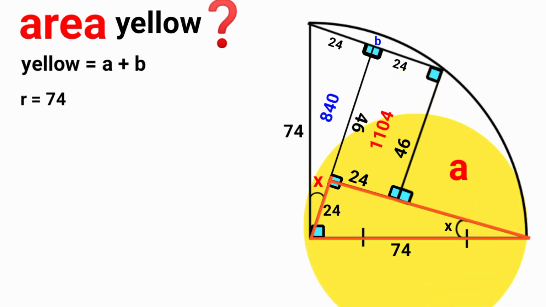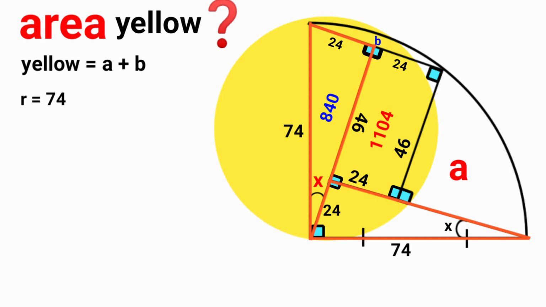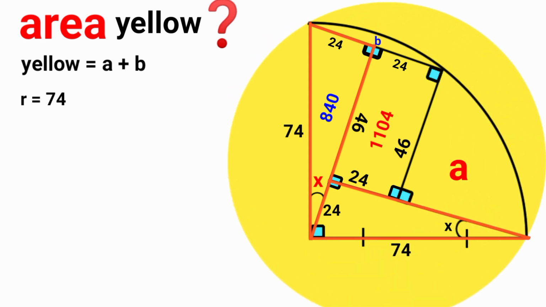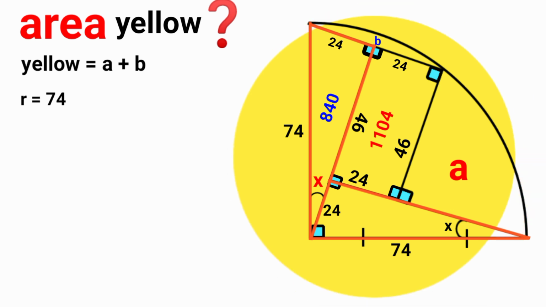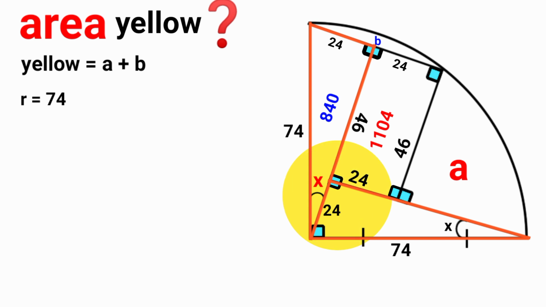Look at this triangle and this triangle. They both are right angle triangles. Both have an angle x. That proves that they are similar. But the fact that this hypotenuse is equal with this and this side is congruent with this tells that the triangles are congruent.